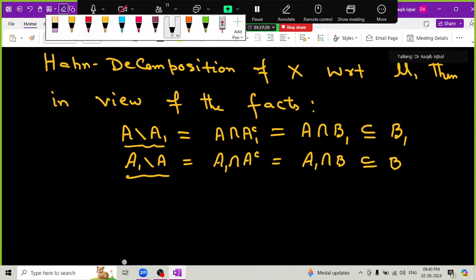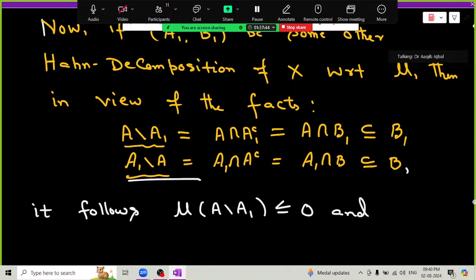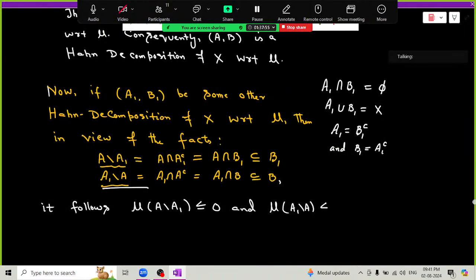In view of the facts, it follows mu of A minus A1, because it's a portion of B1, B1 is a negative set, so this will be less or equal to 0. And यहाँ से आपको मिलेगा mu of A1 minus A will be less or equal to 0.